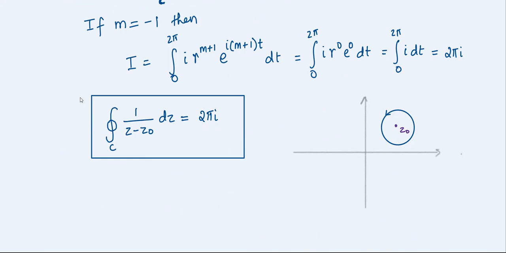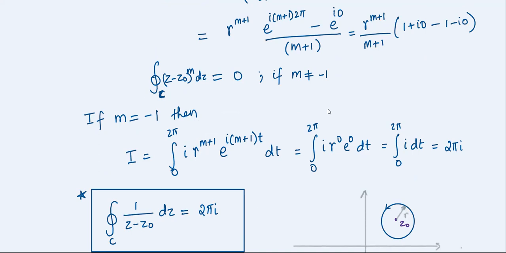And note, very important, that this is independent of the radius. No matter how big the radius you choose, this path had the radius r, so this is irrespective of radius r.